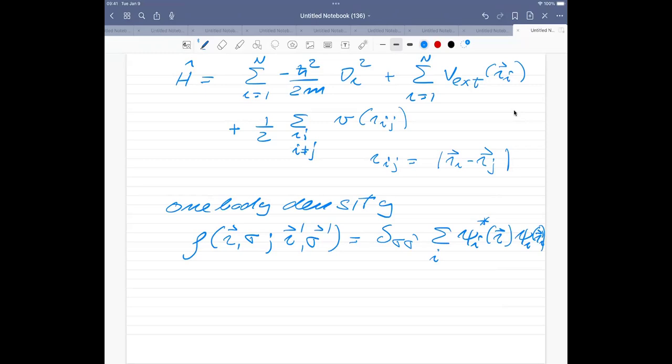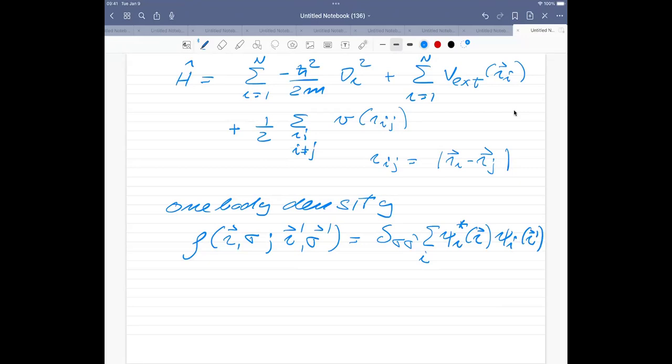Sorry, r. Let me just rewrite it so I get a little bit more space here. It got a little bit squeezed in. So I'm summing over all the particle degrees of freedom, and this is given by a ψ_i of r and ψ_i of r prime.